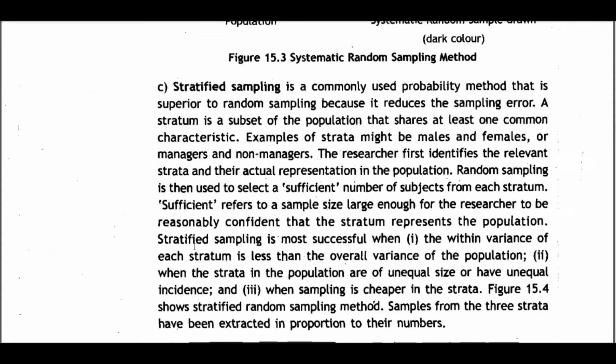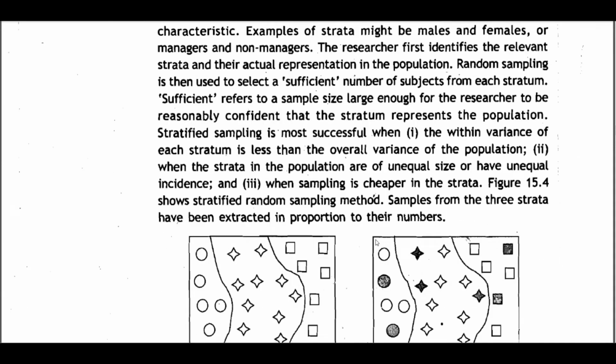Stratified sampling is most successful when the within variance of each stratum is less than the overall variance of the population, when the strata in the population are of equal size, unequal size, or having unequal incidence, and third, when sampling is cheaper in the strata. Figure 15.4 shows the stratified random sampling method.